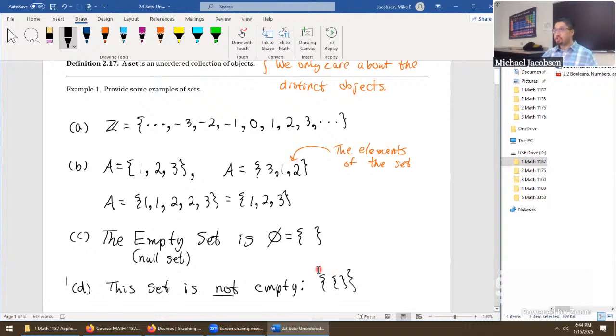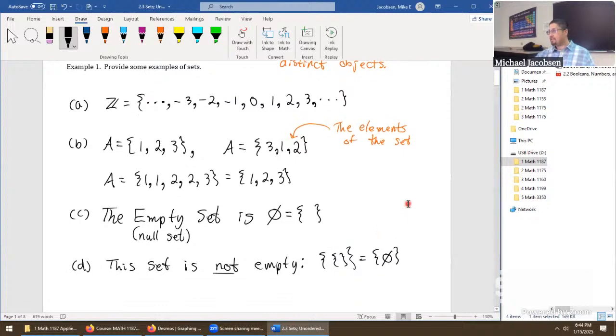It means the larger set that's containing an element has something in it. It contains the null set. So as weird as this looks, that set is not empty whatsoever. For me, the reason I like the symbol on the left is I think this is kind of hard to look at. Sometimes it's easier to convey the set containing nothing but the empty set in this sort of way. So sets are a little bit weird, and there's lots of different ways to convey your sets like we saw in part B.